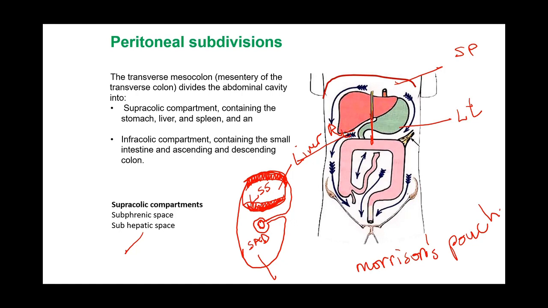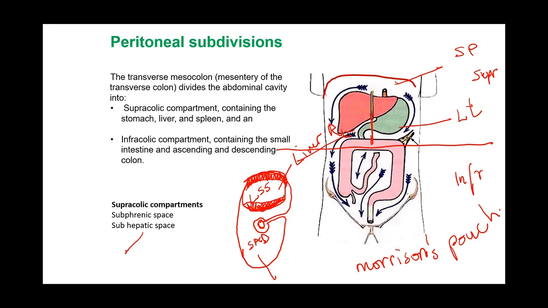I told you it has two compartments, supracolic and infracolic, divided by the transverse mesocolon. The supracolic has two portions, the subphrenic and the subhepatic. The subphrenic, I told you its clinical significance, Barnard's aphorism.